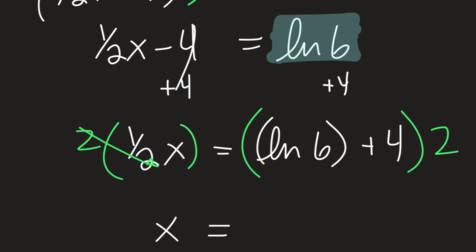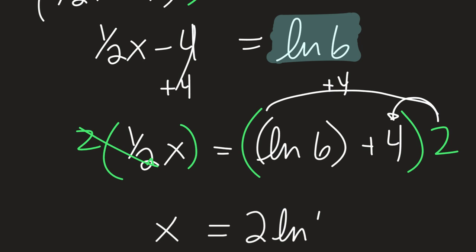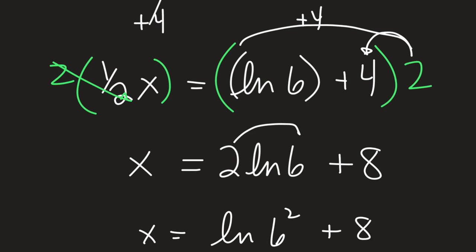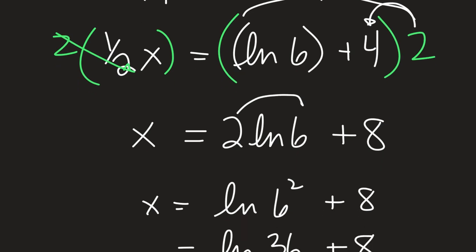So there's lots of ways to write this. We could distribute and get 2 natural log of 6 plus 8, which is fine. Or, if we're crazy enough, take the 2 from the front and move it as the power of your 6. That's also acceptable. I don't know if your teacher wants you to do that or not. So then ln of 36 plus 8.